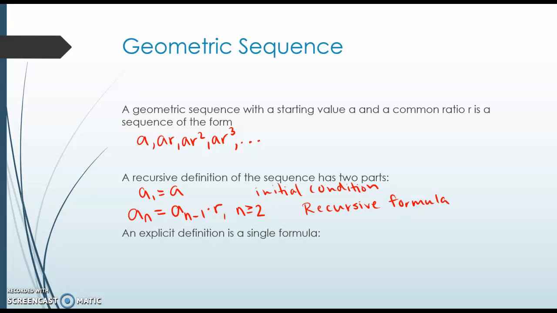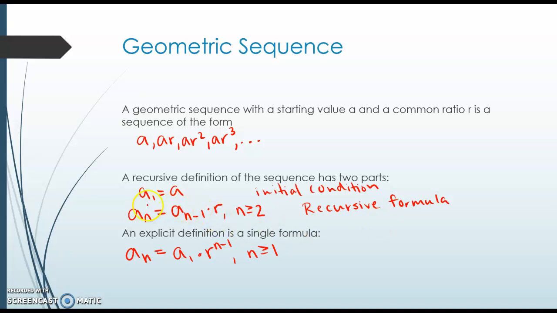And then an explicit definition is just one single formula. A sub n will equal A sub 1, our initial value, times R to the n minus 1. And this is for any n greater than or equal to 1. Every geometric sequence has a starting value and a common ratio, an A and an R. The starting value and the common ratio define a unique geometric sequence.